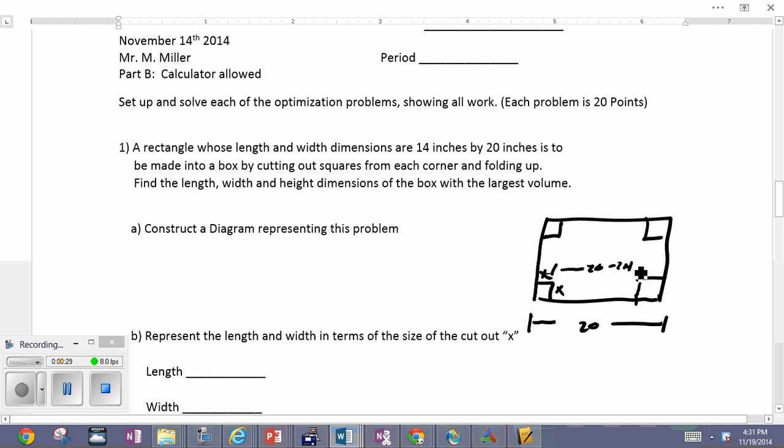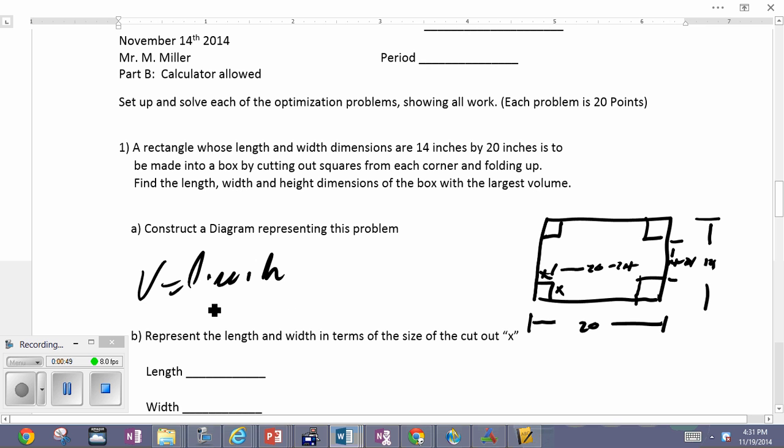The width dimension was 14. When we cut out the X by X, over here it's 14 minus 2X. So the volume is length times width times height.